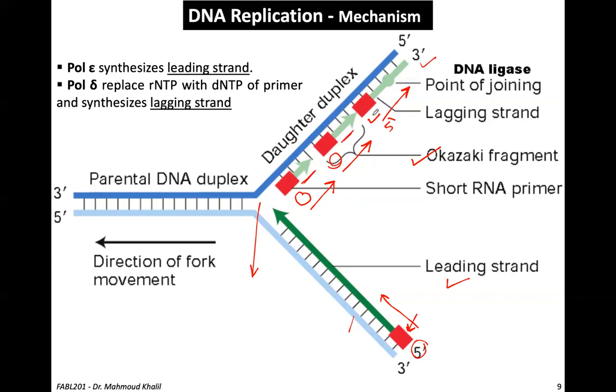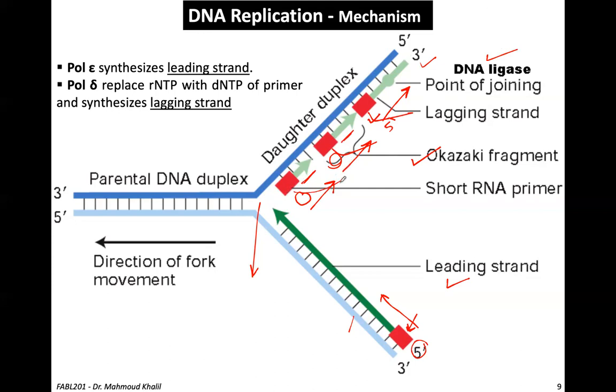Soon after these Okazaki fragments are formed, they will be ligated by the help of a ligase enzyme, and another enzyme which will remove the primers and replace the primers with DNA in order to have a complete strand.